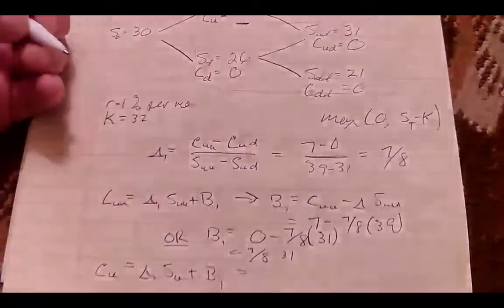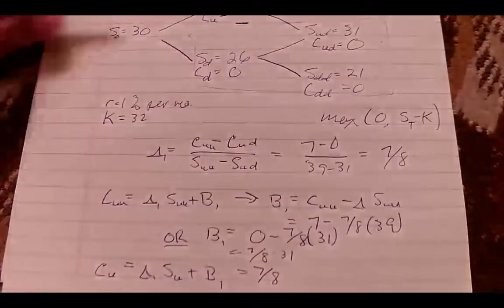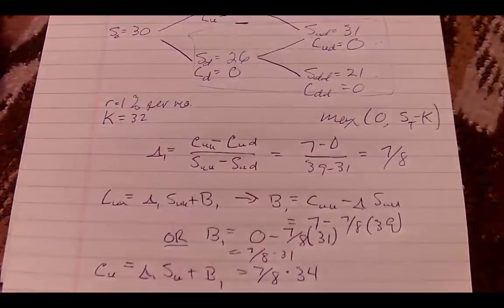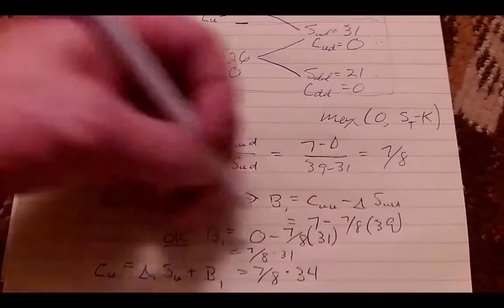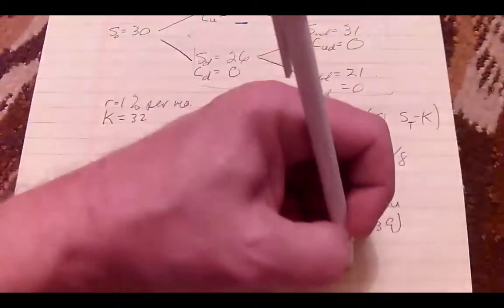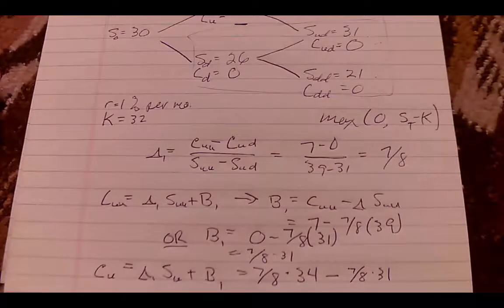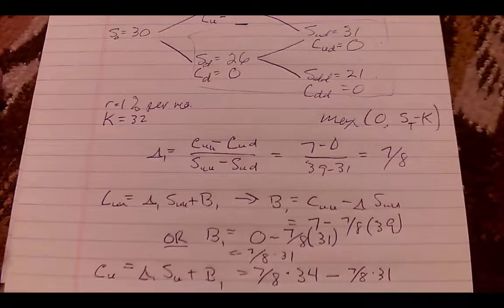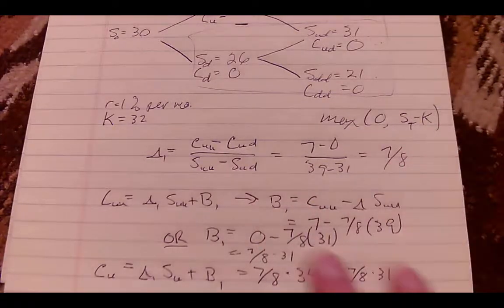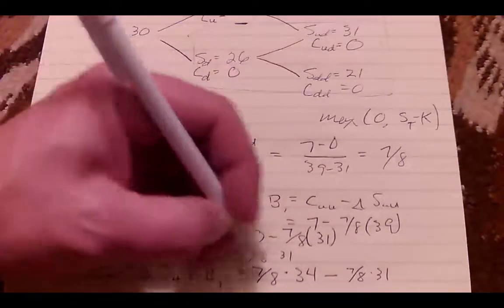So delta 1 is 7/8, times S up, which is 34, plus B. Oh, I'm sorry, I forgot about the time value.